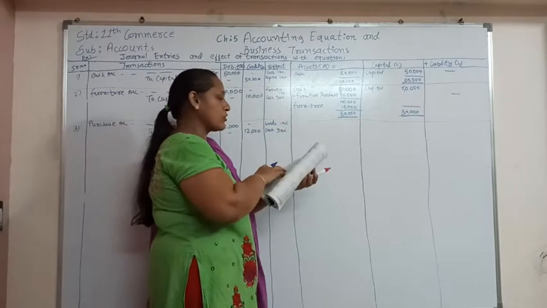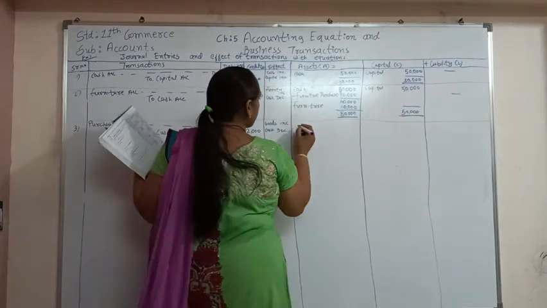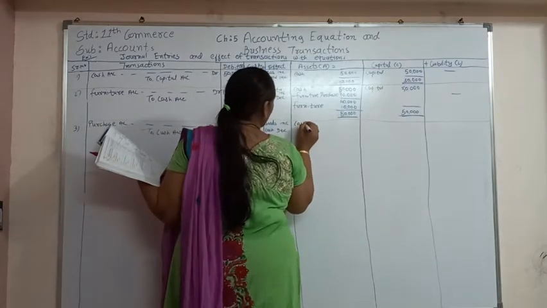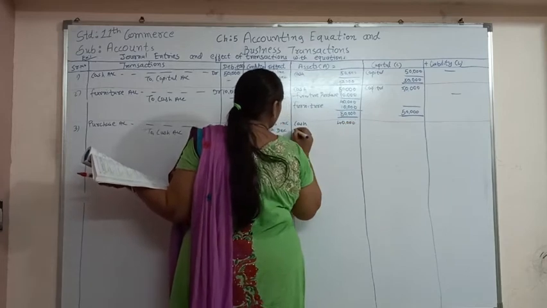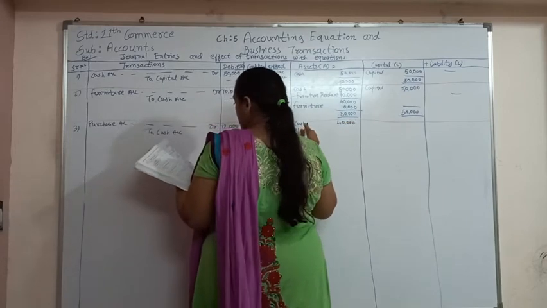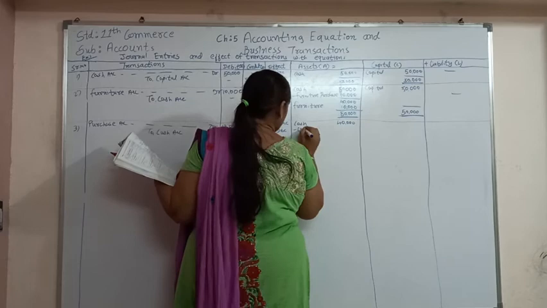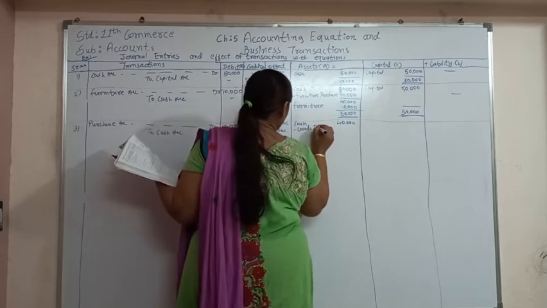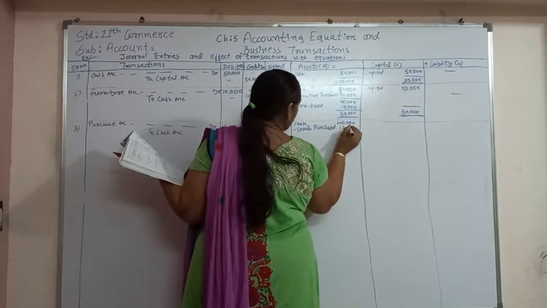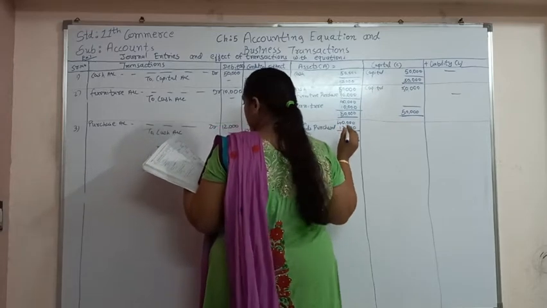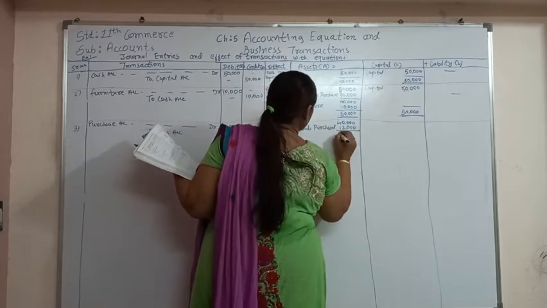That effect is going to be passed. Here cash was rupees 40,000, and from 40,000 we subtract the goods purchase of rupees 12,000.